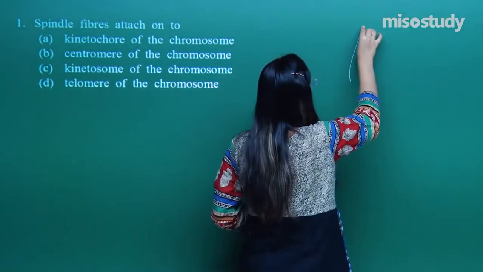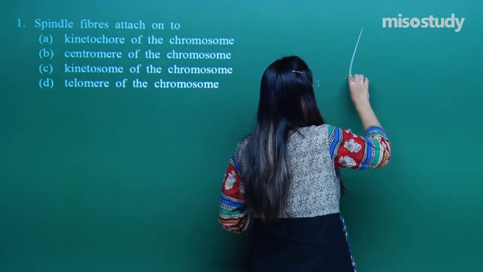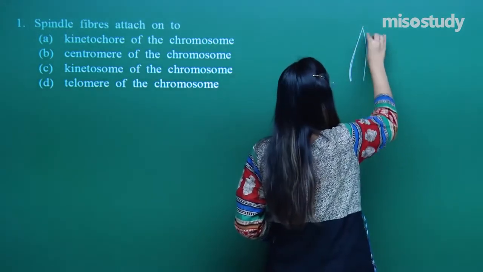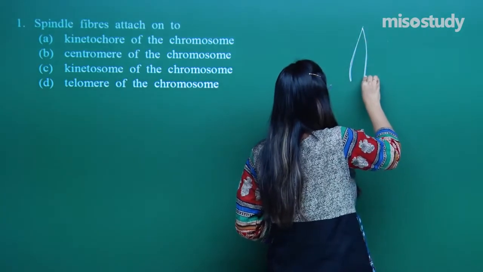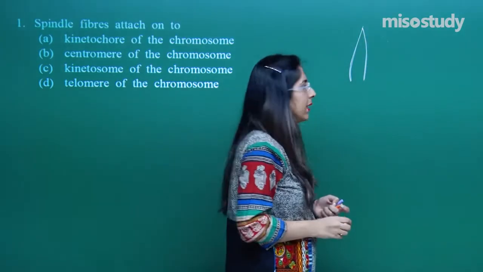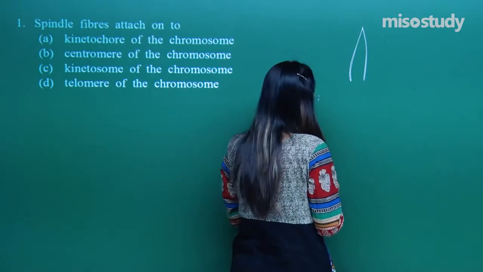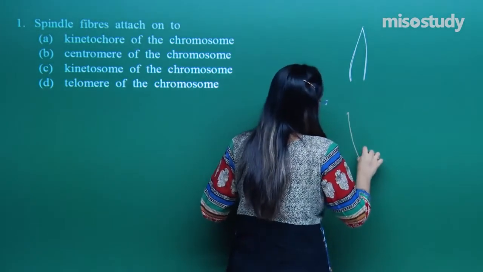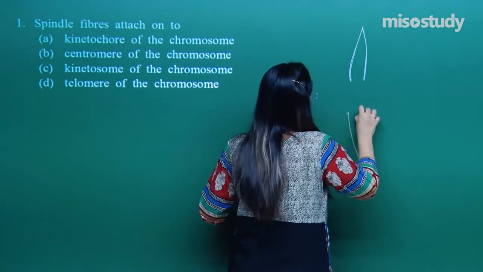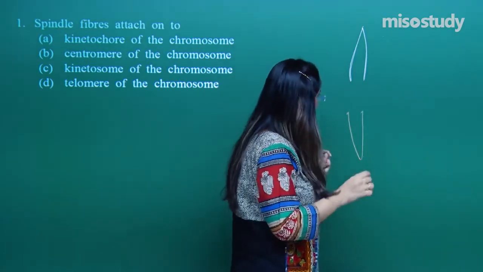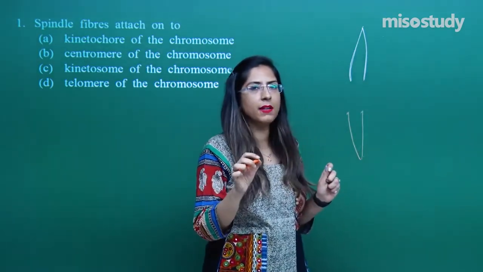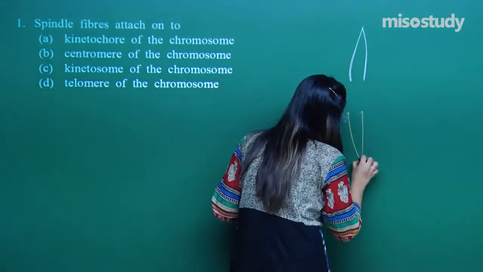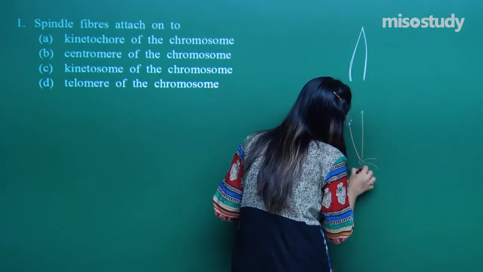This is a spindle fiber which is coming from one end, and this is a spindle fiber again. Similarly, on the opposite pole, the same type of spindle fibers are present. Now tell me one thing: the place from where the spindle fibers arise is called the centriole. So the centrioles are present like this.